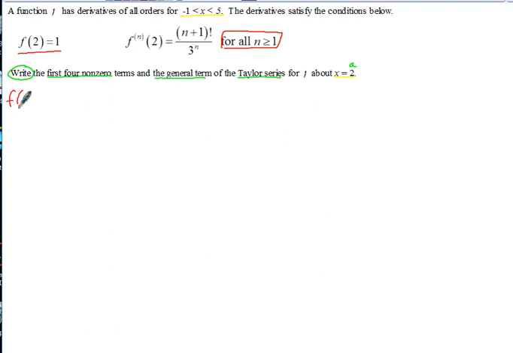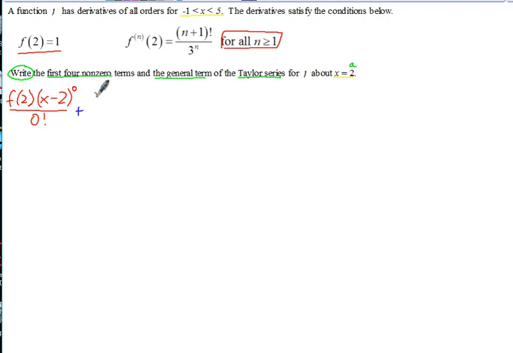So the first term will be f of 2, and then x minus a, which is 2, to the 0th power over 0 factorial. Again, I like to write it, even though we know this is going to simplify, just to get the pattern started. It's kind of easier to follow through, I think. If you can do it without it, that's fine too.